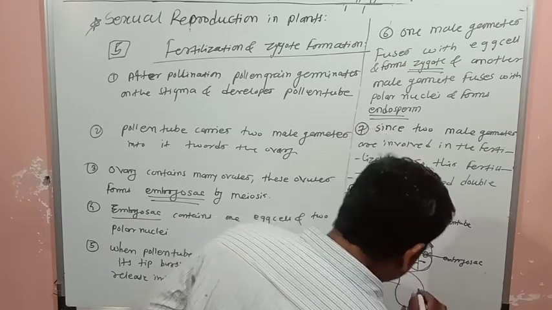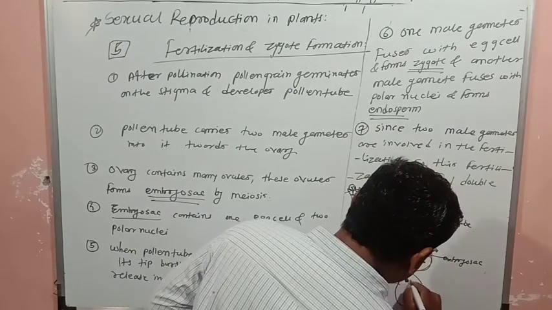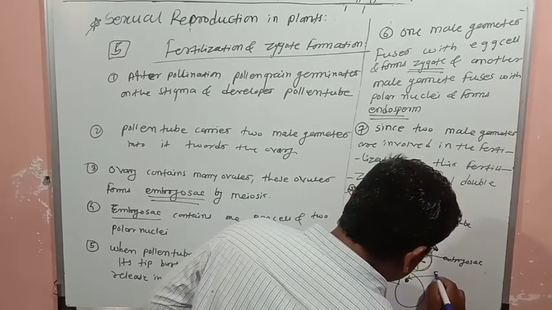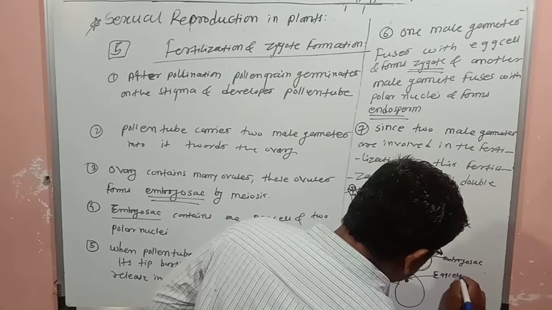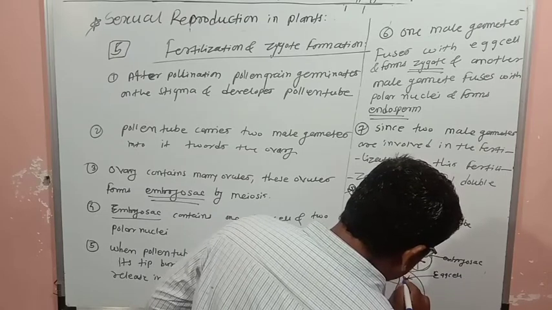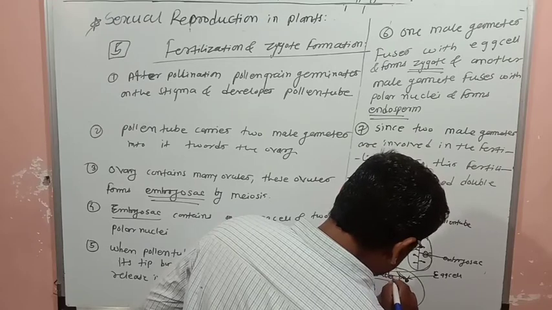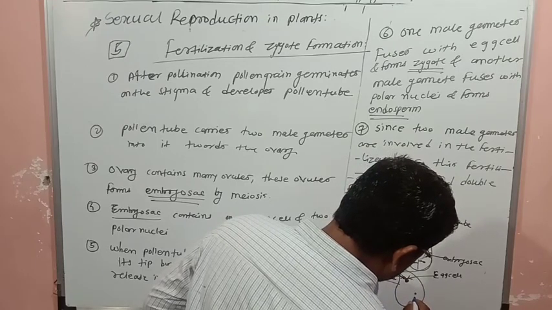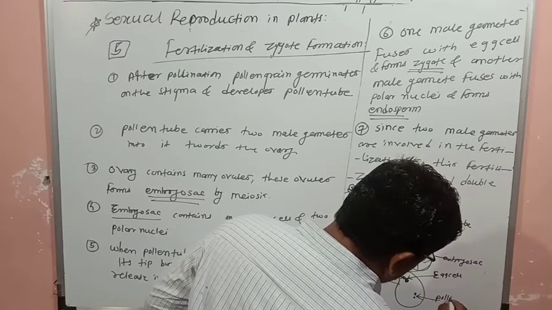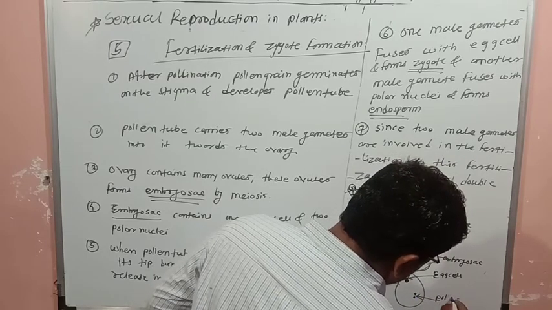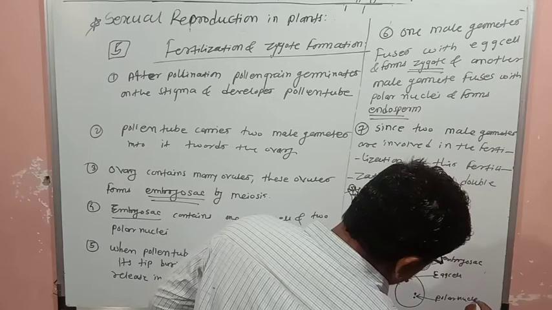Suppose this one is the embryo sac. In that, here is the egg cell, here one nucleus, and here the polar nuclei.